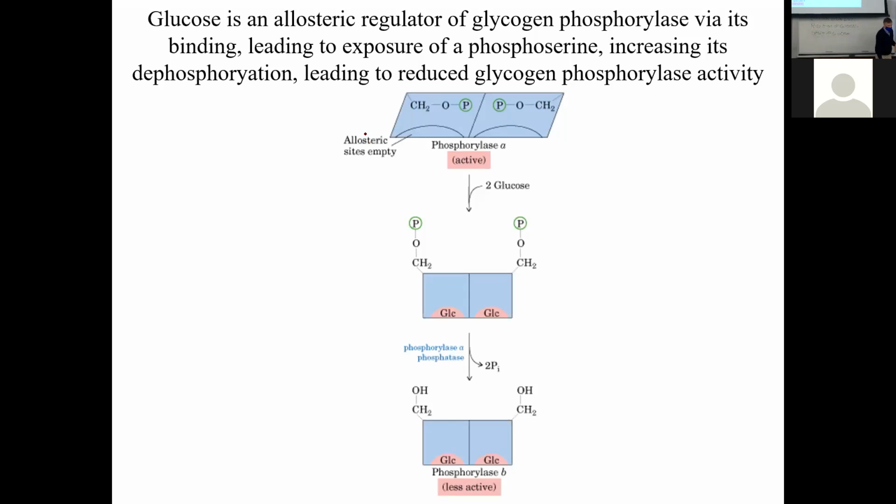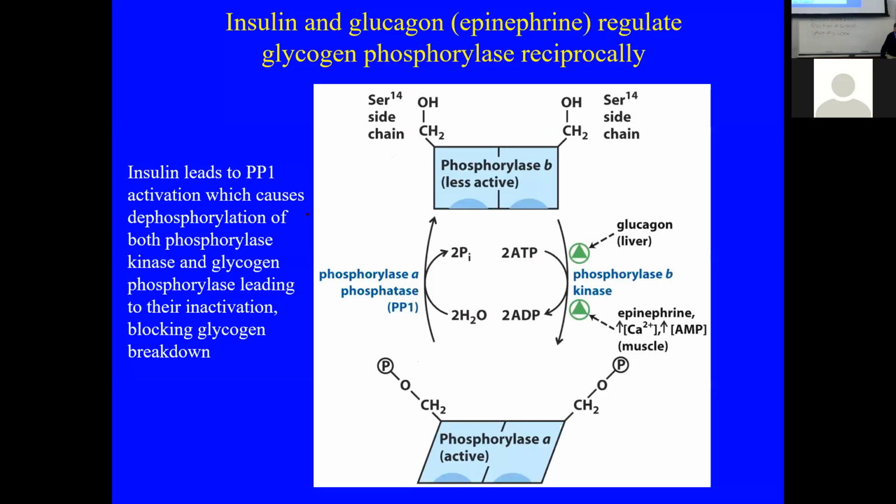Okay, so again, we have this serine up here. When it is phosphorylated, we have active glycogen phosphorylase.